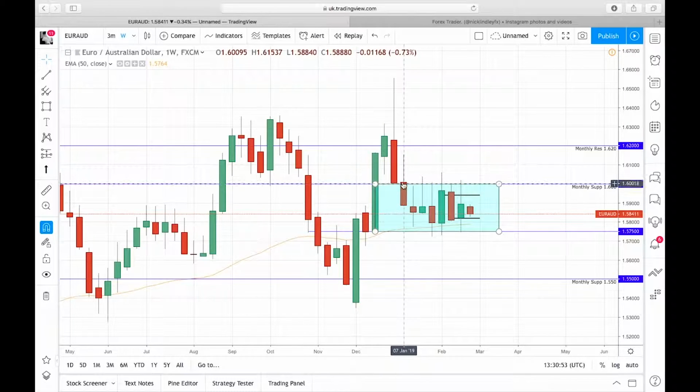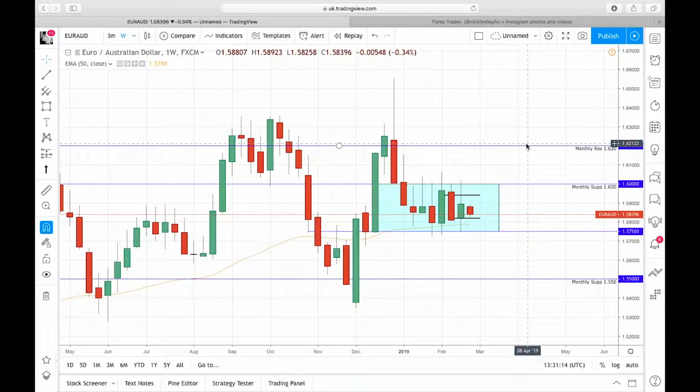Since we dived back in, we had two tests of 1.600, back down into support, two tests of support, back up to resistance, three tests of resistance, back down, and a further test of support. We have yet to break either level.